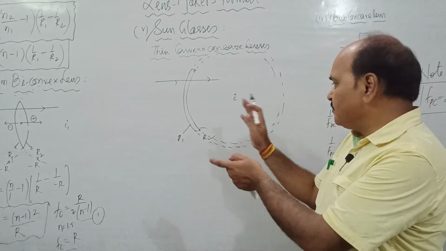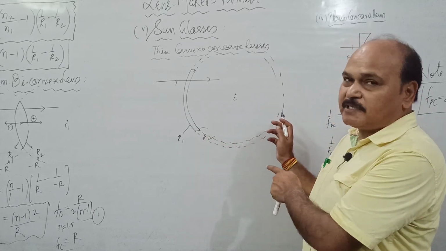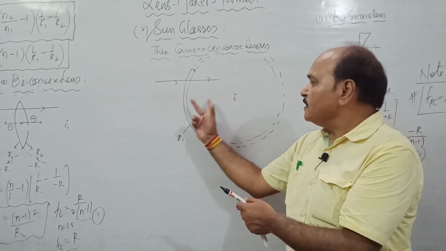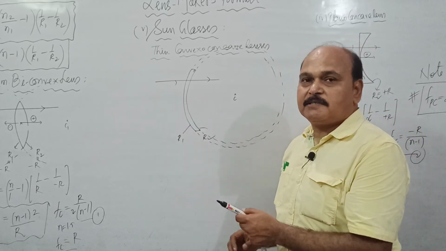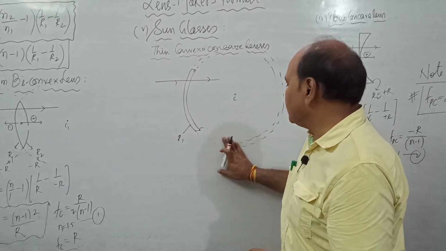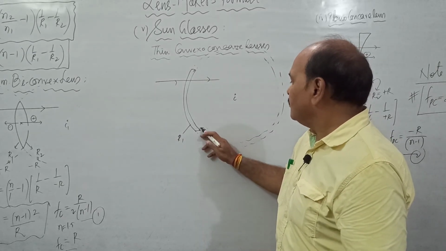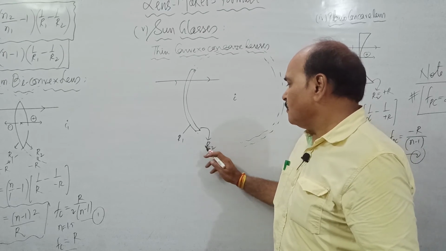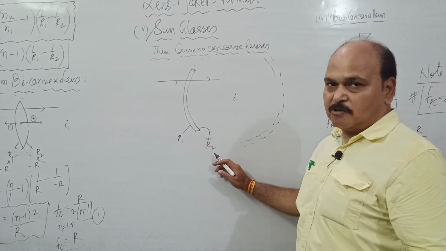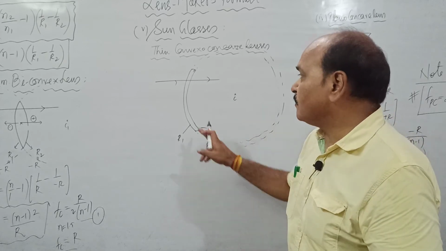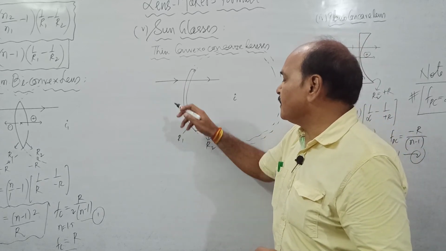And what is the difference between the radii of curvature of the two surfaces? The difference would be equal to the thickness of the lens. If this thickness happens to be small, then R1 would nearly be equal to R2. So thickness has to be small, otherwise the radii of curvature would be different.